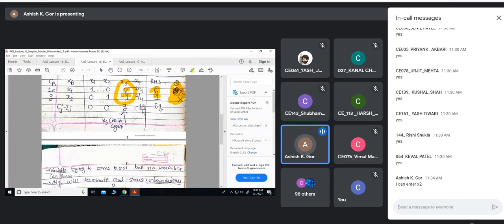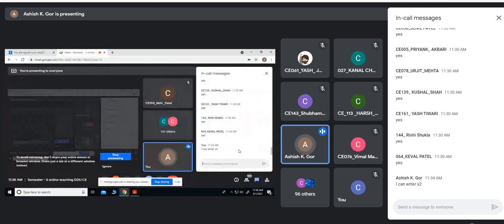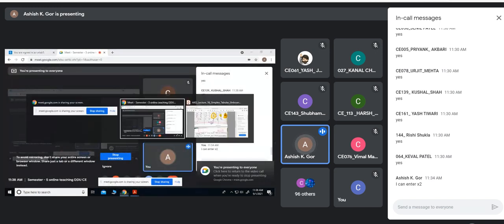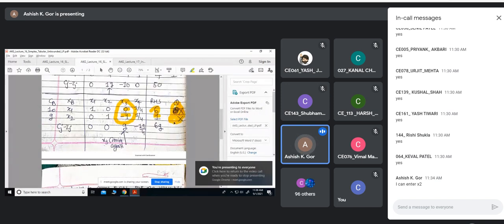So what does that mean? What is your conclusion? Keval, can you conclude something? At this moment, what is your conclusion? X3 tries to enter. There is a scope of entering because X3 is positive. But there is nothing to leave. You cannot leave these crossed columns.